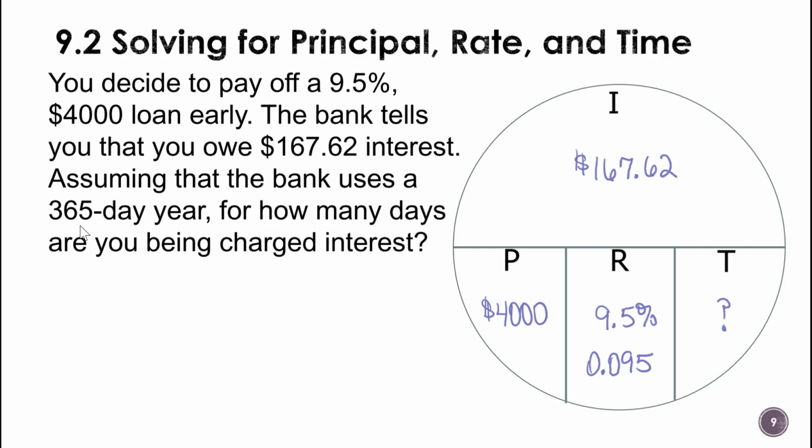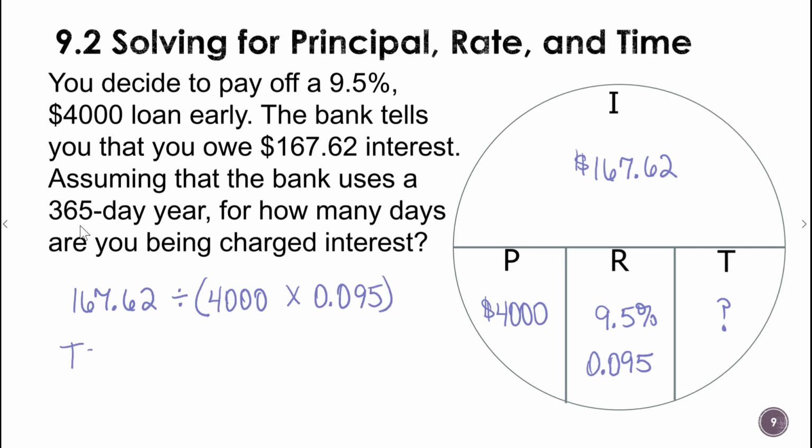Once you've figured out all your numbers in the question, then you're ready to go. So let's calculate the time. 167.62 divided by, don't forget your parentheses, $4,000 times our interest rate, 0.095.